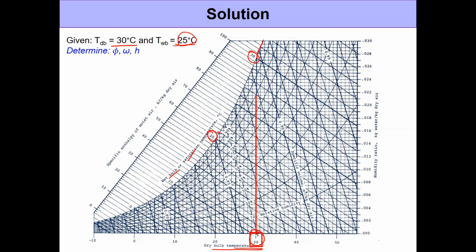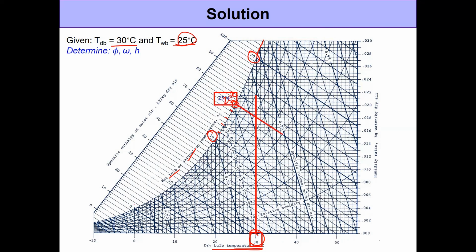So these are slightly offset from the constant enthalpy lines, but parallel to the constant enthalpy lines. 21, 22, 23, 24, 25. Okay, so these are the lines that we're looking at, and this is the 25 degrees Celsius wet bulb temperature line that we need.